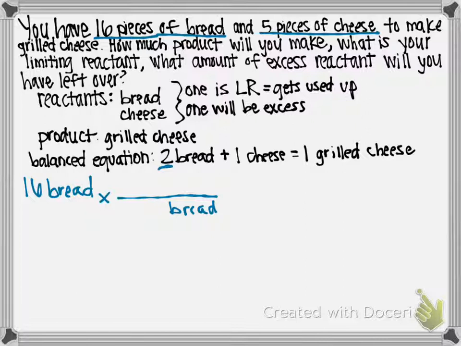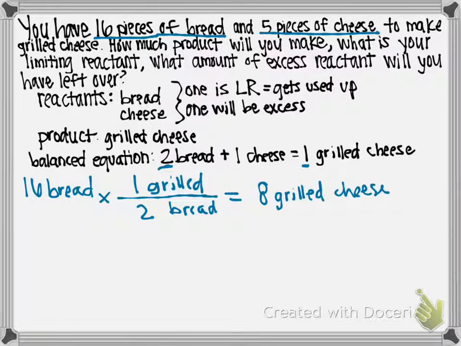So I have 2 bread to 1 grilled cheese. If you multiply that out, 16 times 1 divided by 2, that is going to give you 8 grilled cheese, or 8 of your product.